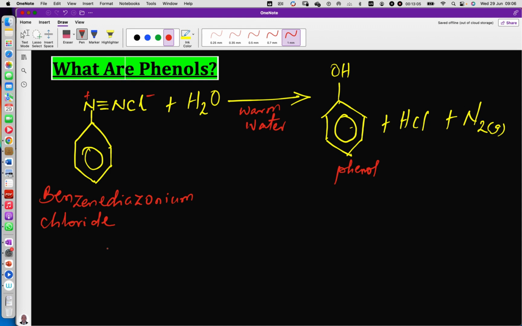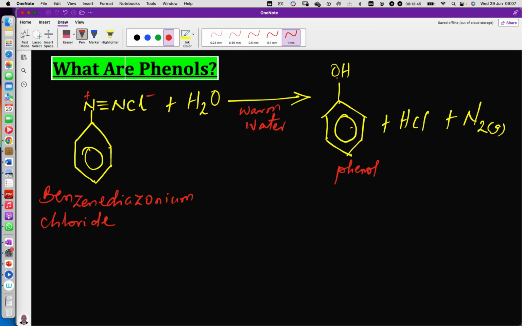If you look at the compound of phenol, you will see that in a phenol molecule, one of the lone pairs on the oxygen atom of the OH group will overlap with the delocalized electron system of the benzene ring.